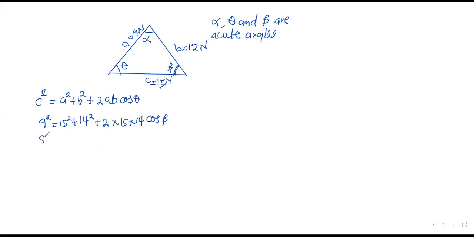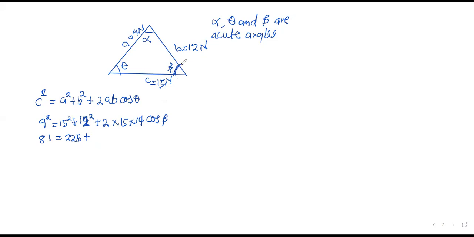This is 81, 225. Please, this is 12, not 14. 12 squared. Sir, isn't C supposed to be 15 Newtons? But there is 9 squared over there.